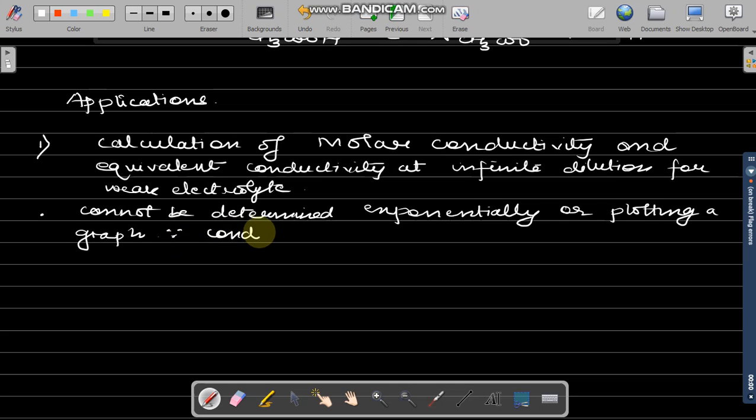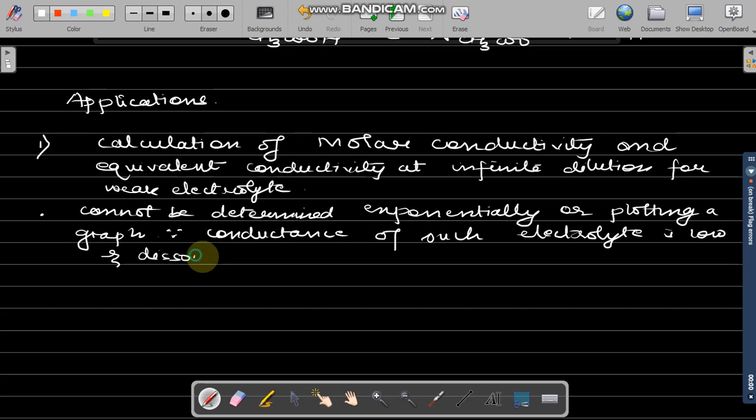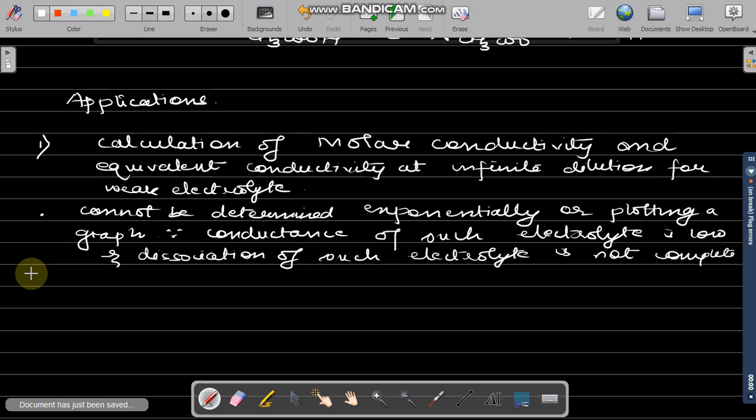Because the conductance of such an electrolyte is low, and the dissociation of such an electrolyte is not complete at infinite dilution.